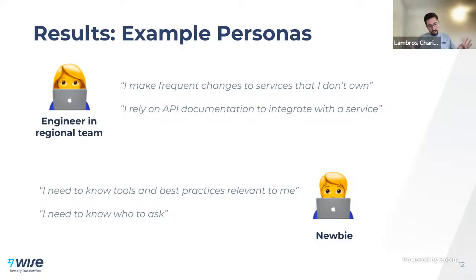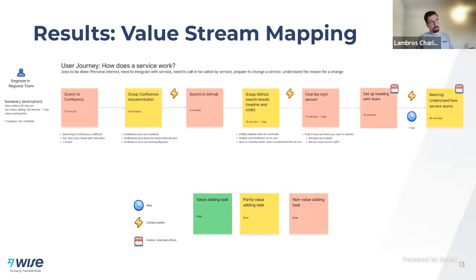So all of those personas, user journeys, jobs to be done, all of this we summarized in value stream maps, okay? So let's take a minute and look at what's going on here. This is the user journey. How does the service work, okay? And you can see there's a subtitle here, which is called jobs to be done, right?